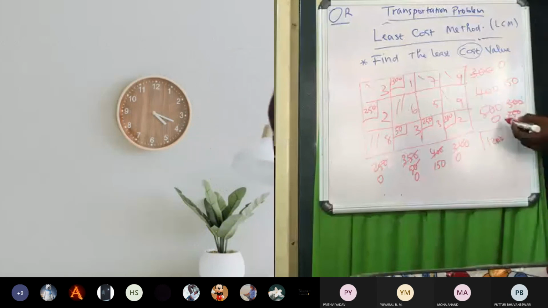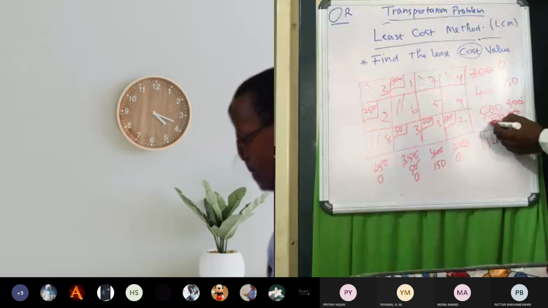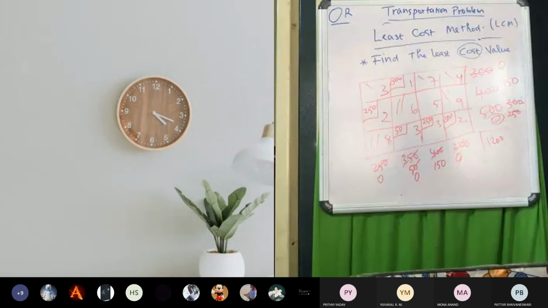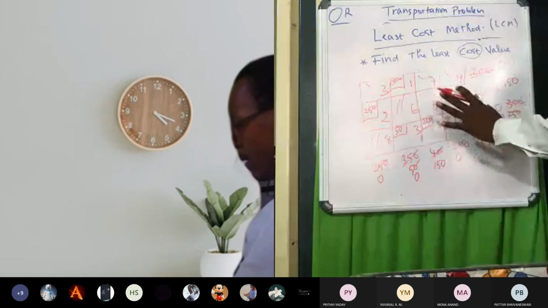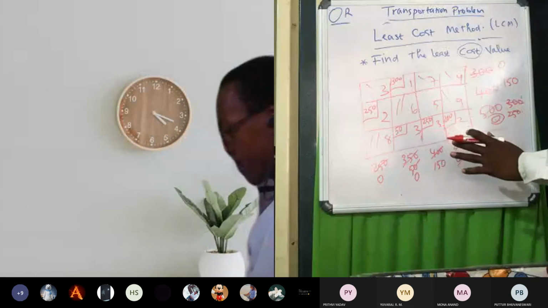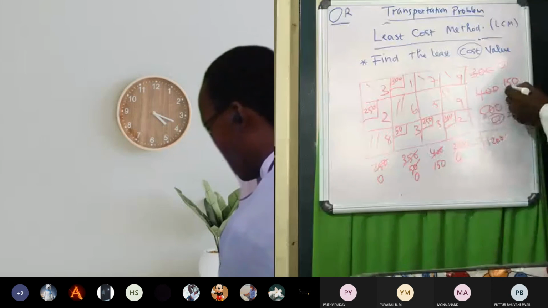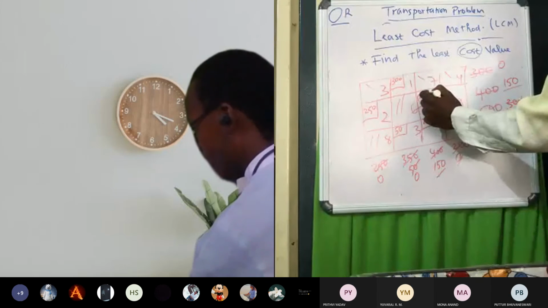Do you see? The 0 and this one are the same, same value. So our problem is balanced. Which one is remaining? This is 0, 0, and 150 as well as 150. So this is going to be allocated as 150.